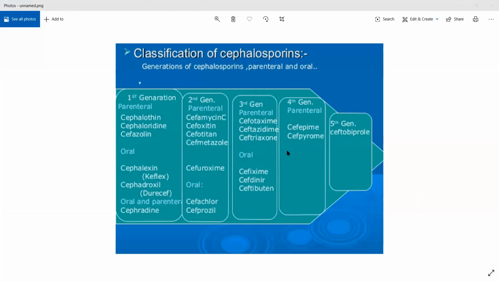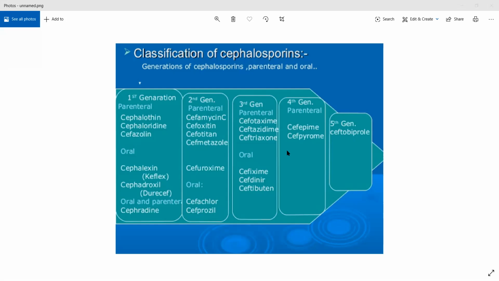As the generations keep increasing, the drugs become more specific. The first generation were made more broad spectrum, whereas the fifth generation are made more specific, for example for MRSA, Streptococcus pneumoniae and Pseudomonas, and there are several different types amongst them.